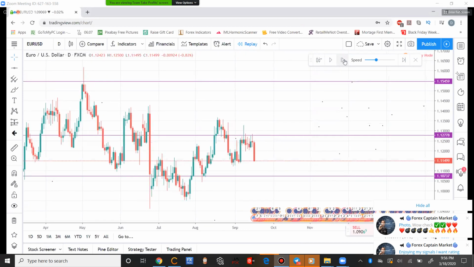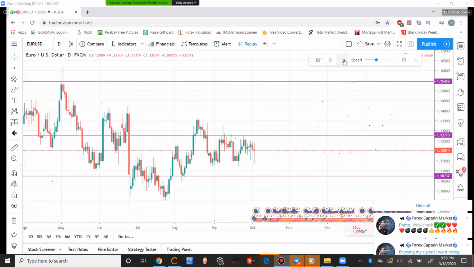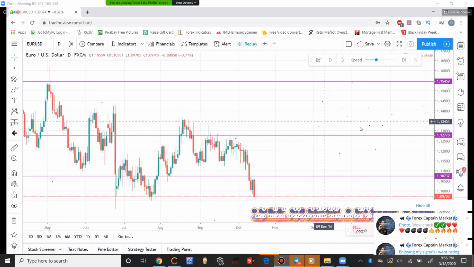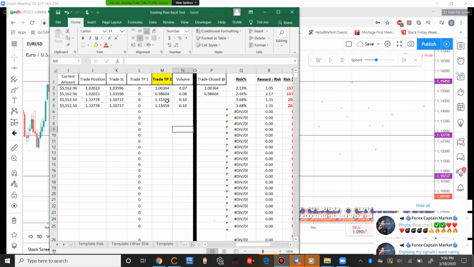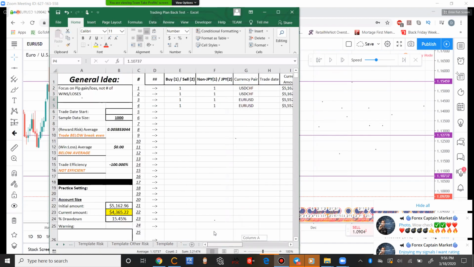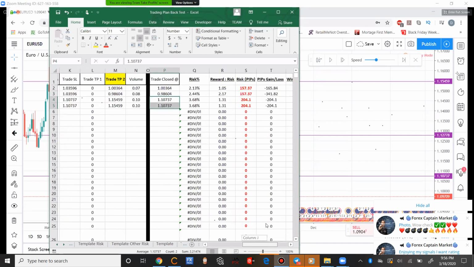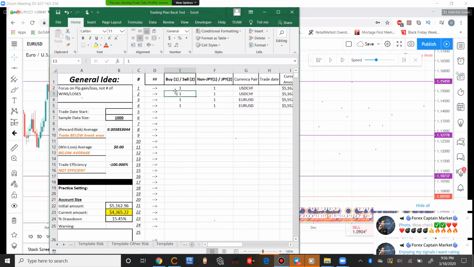And where are we going? Okay, I got bombed. All right. So I've trade bombed out here. So what you guys do is if it bombs out, you copy your stop loss and put it in here. And that should give you a negative number. All right.